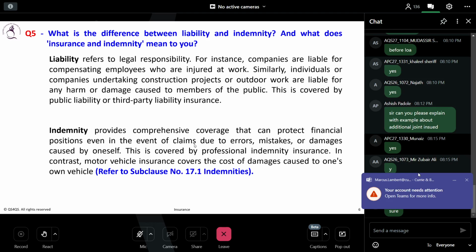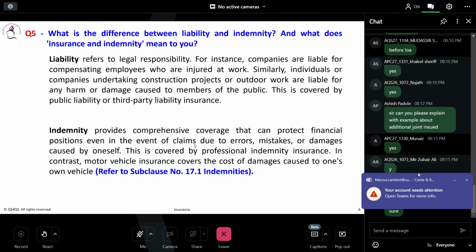Let's say any error happened by the contractor's works, maybe some default or damage to the works because of the contractor's error. Who is responsible to cover? Who needs to rectify them? Contractor, definitely.